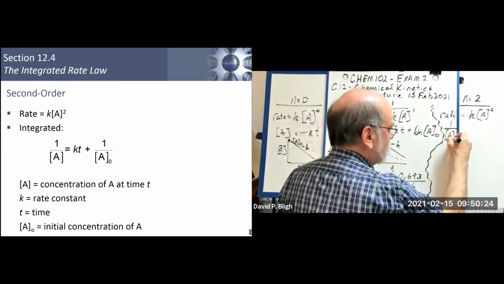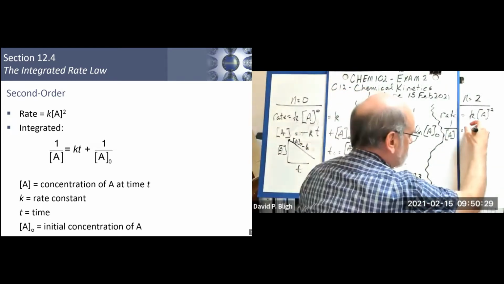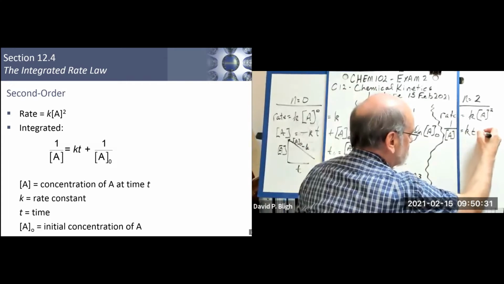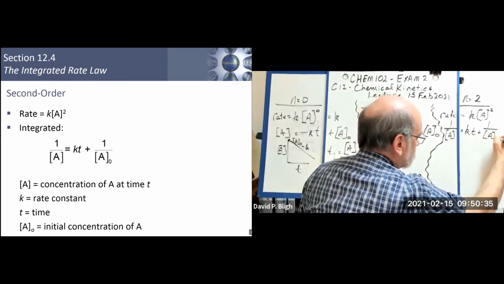So there's the integrated rate law, and it's a positive slope, just K, T, plus the reciprocal of the initial concentration.